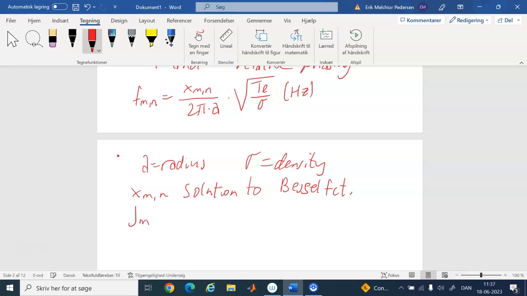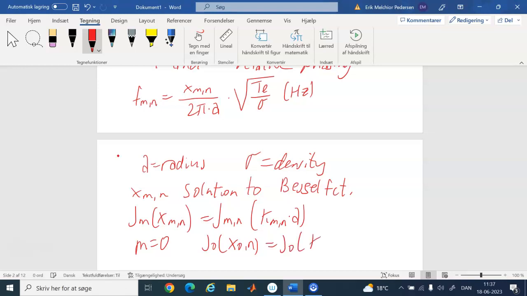We have some Bessel functions like this, with a wave number like this, and we set M equal to 0 and solve it, setting it to 0.